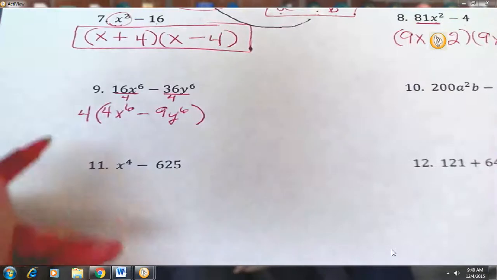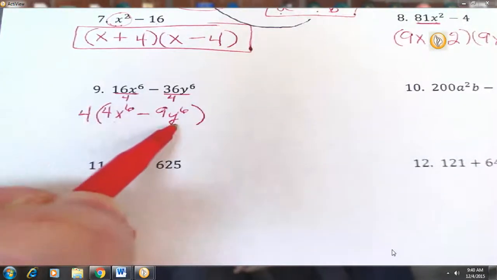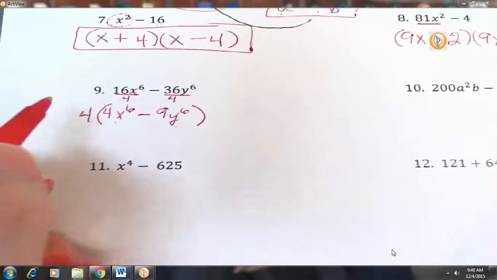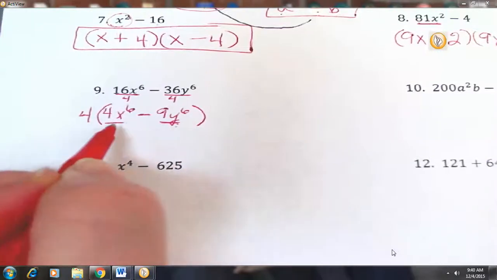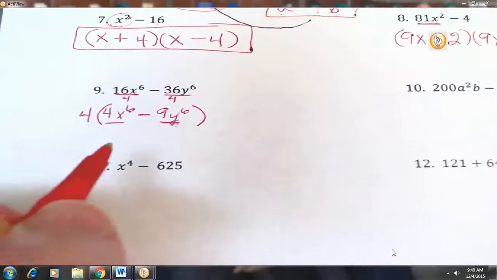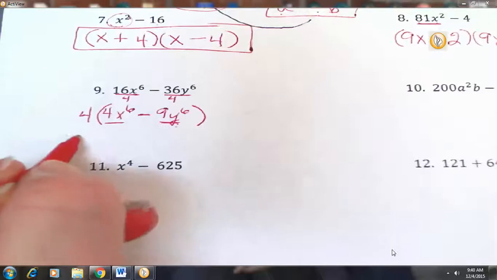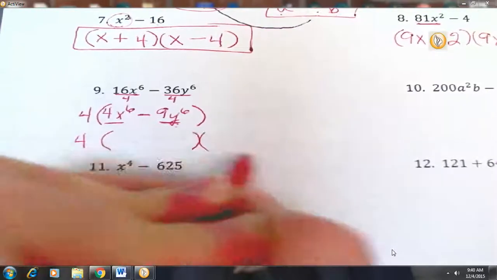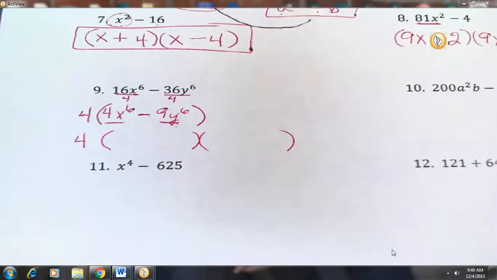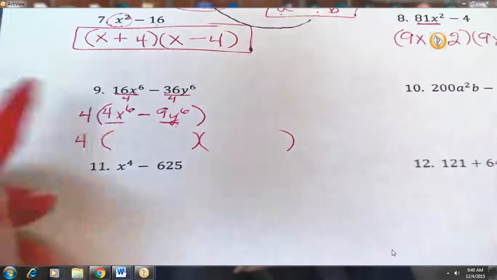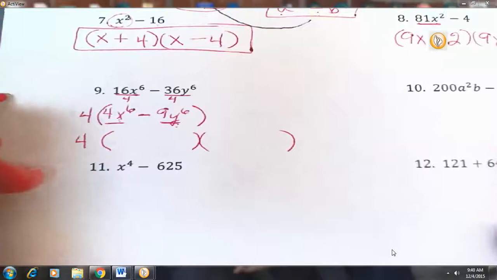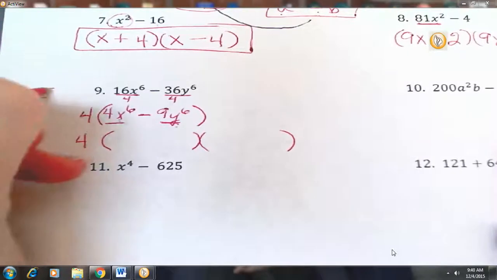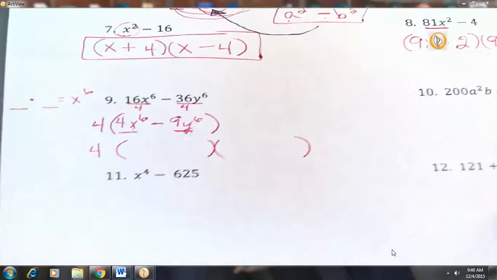Now in parentheses we have two terms that are both perfect squares. 4 is, 9 is, x to the 6th is, and y to the 6th is. We have subtraction. So let's go ahead and factor using difference of squares. Let's talk about this x to the 6th. When I take the square root of x to the 6th, really what I want to know is what two terms can I multiply that's going to give me x to the 6th?